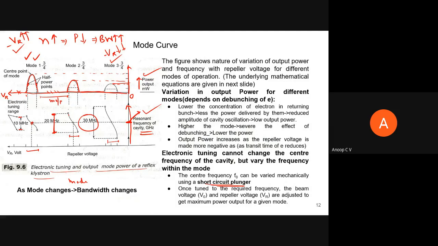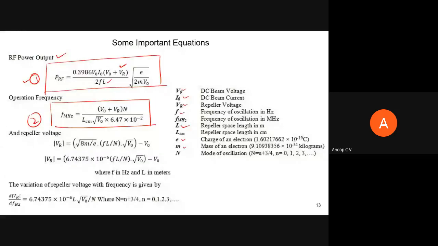By varying the repeller voltage, I can get different frequencies. That is called electronic tuning. But the maximum power will be obtained at the resonant frequency. So this is the mode curve and the relevant equations.